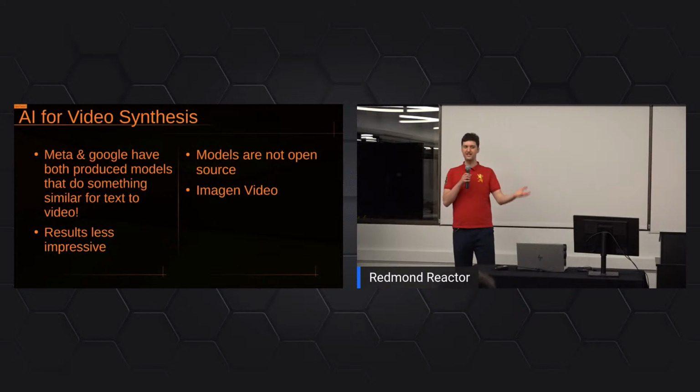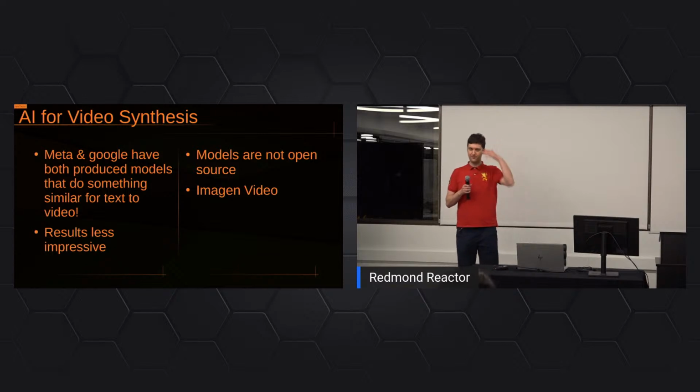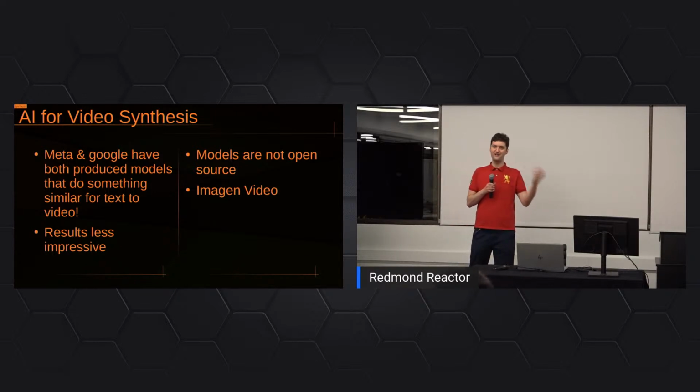I mean, we're watching real life as though it were a video in some sense. So it's very easy for us to detect things that break the physical laws of the world. When someone reaches down to grab an object and their hand melts into the object, it's very obvious that that is not a real video.